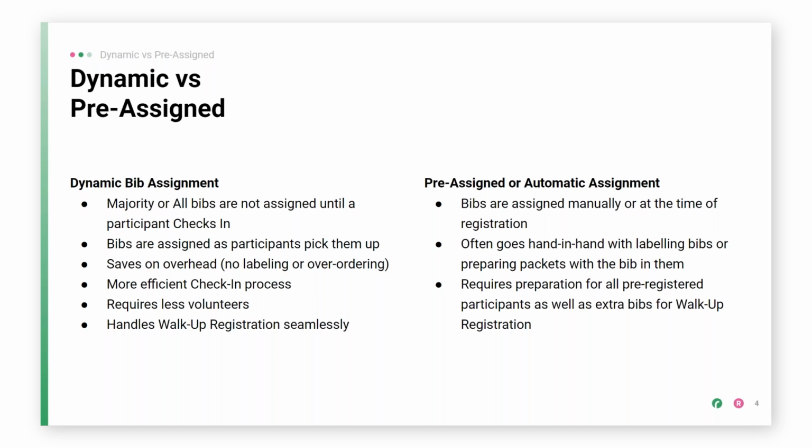Pre-assigned, which is the more traditional method, means bibs are assigned ahead of time via spreadsheet, and that often goes hand in hand with labeling the bibs and preparing packets. It does require a lot of preparation and a lot of time, plus those labels aren't necessarily inexpensive.